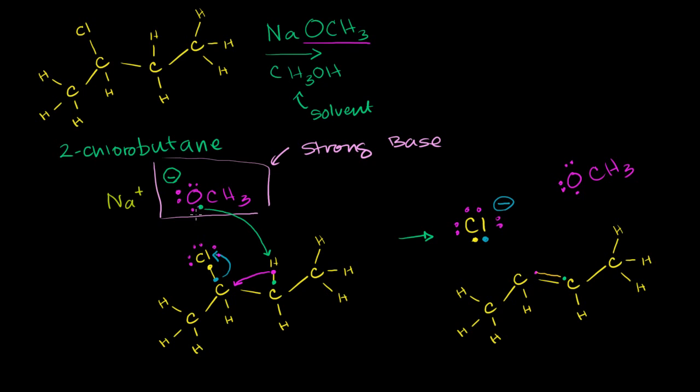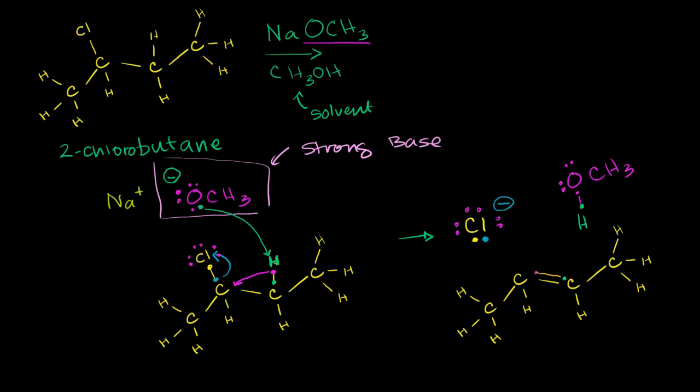Neutral oxygen has 6, but now it gave one of them away to a hydrogen. It gave that green electron over there to this hydrogen. I'll make this hydrogen the same color. So now this hydrogen is bonded with it.